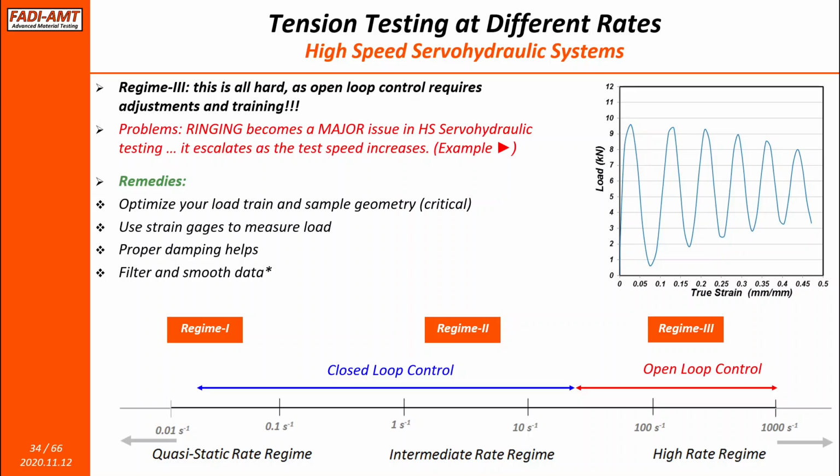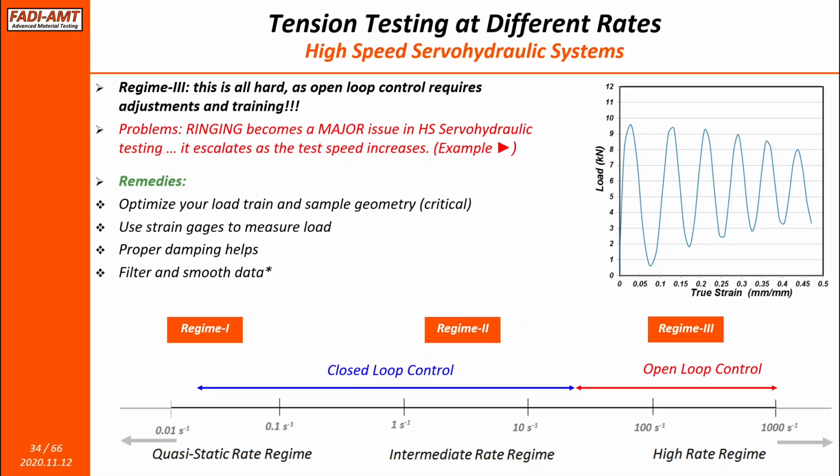And so your solution has to be driven from the problem itself, and that is to change the natural frequency of your load train or at least push it higher. And the general approach to push it higher is to increase the stiffness and reduce the mass, as simple as that. And so anything that can be done to increase the stiffness and reduce the mass will push the natural frequency or the resonance frequency of your load train up higher. Therefore, you can get better curves at that desired speed. It's as simple as that.